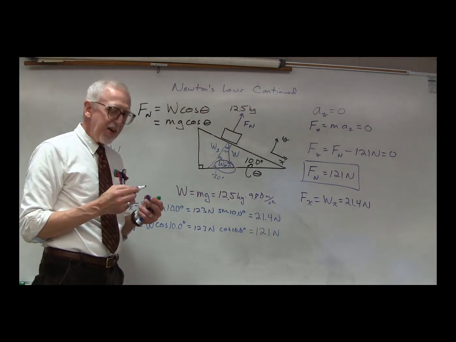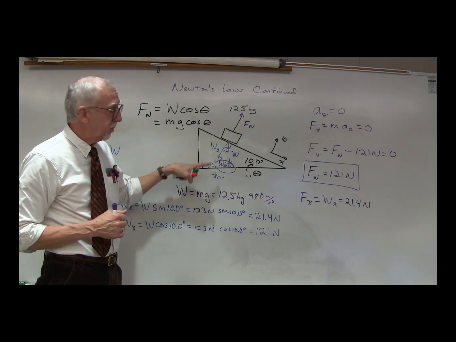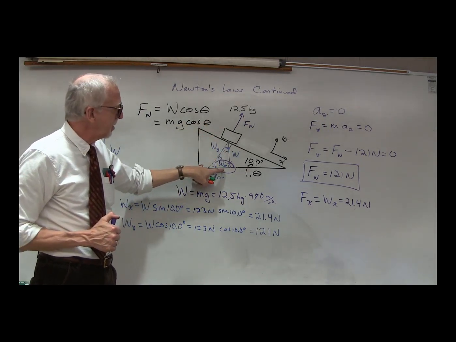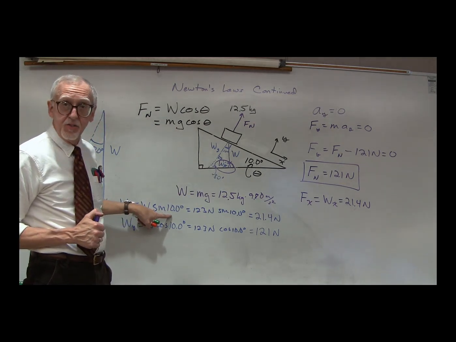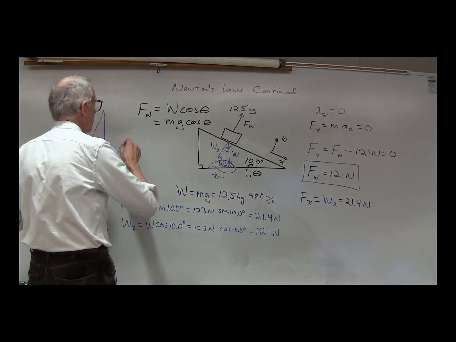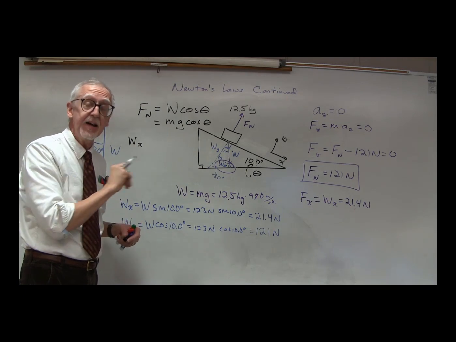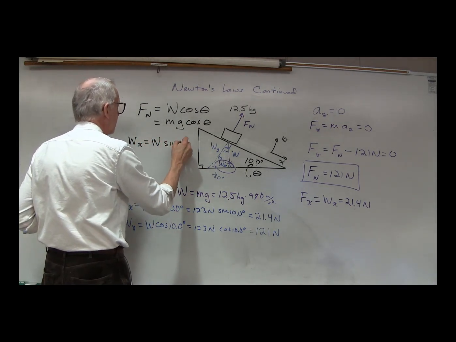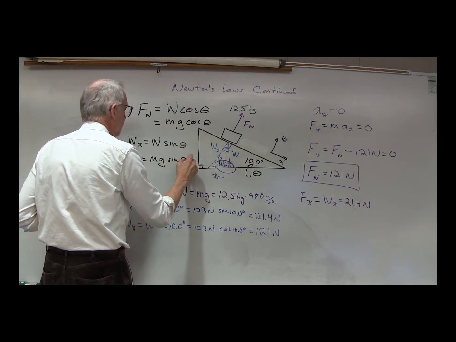And just again, that's kind of worthwhile to remember. Under similar problems, the component of the weight acting down the incline, W sub x, will look like W sine theta. In other words, let me just write that out. W sub x, assuming x is defined as the direction down the incline, W sub x is W sine theta, or mg sine theta.